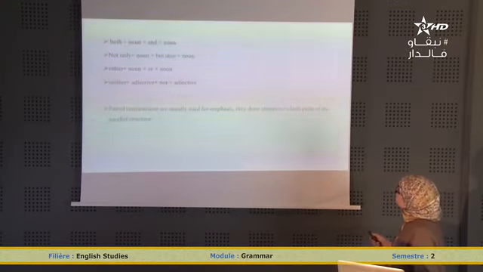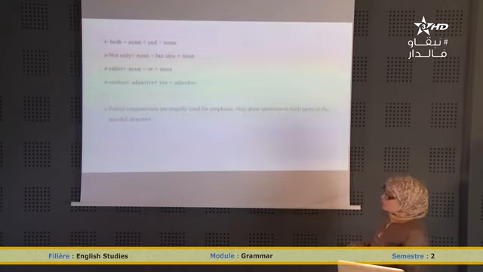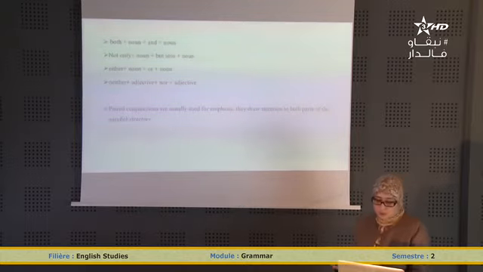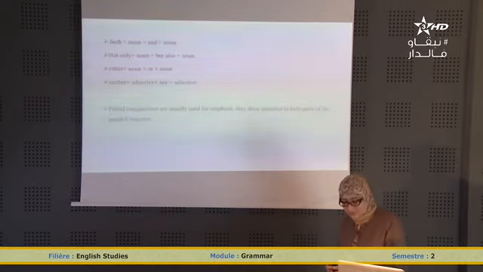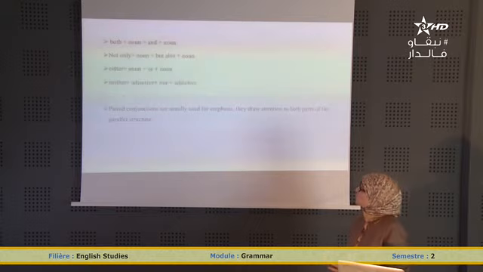They draw attention to both parts of the parallel structure. This is very important because the use of paired conjunctions is not just for addition or for grammatical function, but there is also, if we can say, a dramatic effect in which we attract the reader's attention or the listener's attention to both structures.